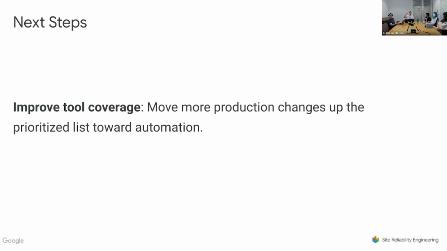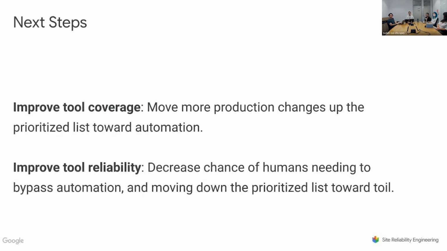Or maybe moving something from clicking a button in an interface to writing a script so nobody has to click that button. And improving tool reliability, because a lot of the times that I can't do the full automation is when something breaks. Our release pipeline breaks, I have to go touch something. Ugh, pain. So let's make our release pipeline more resilient, and therefore I don't have to step in.